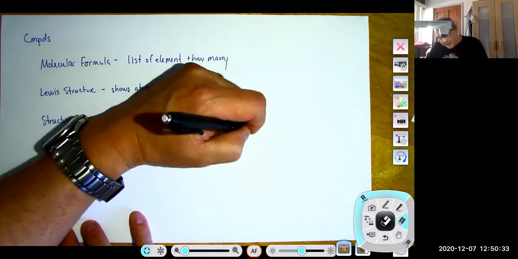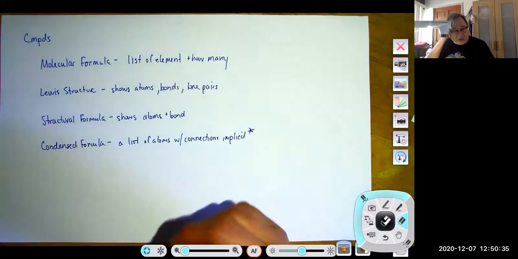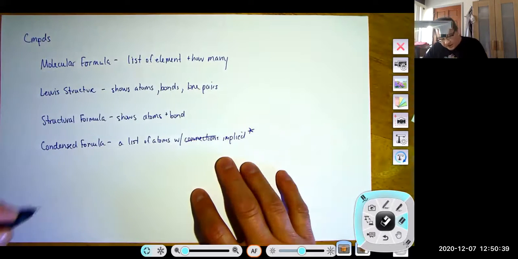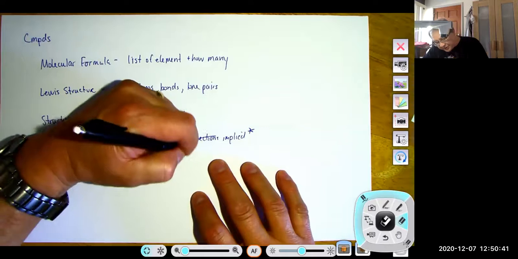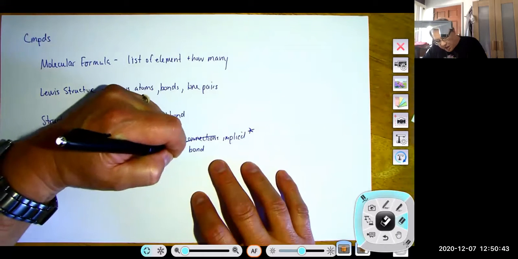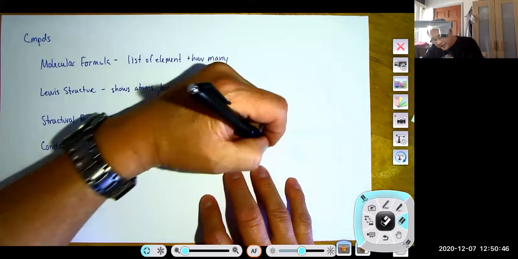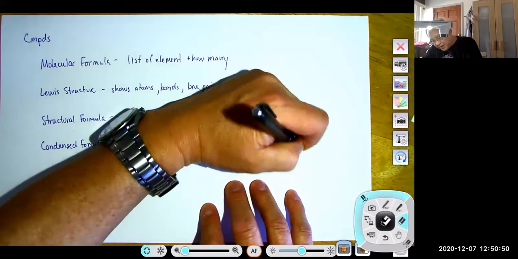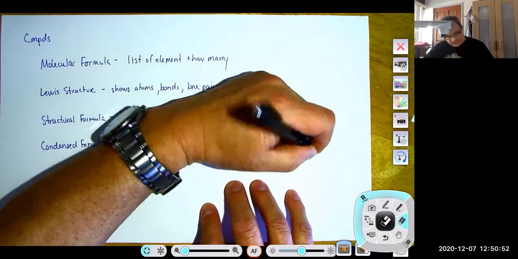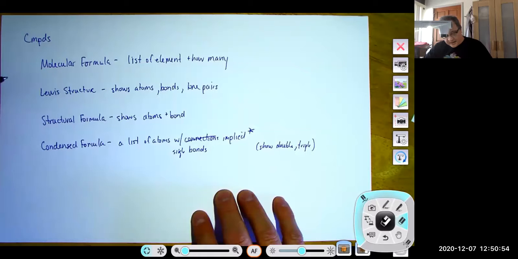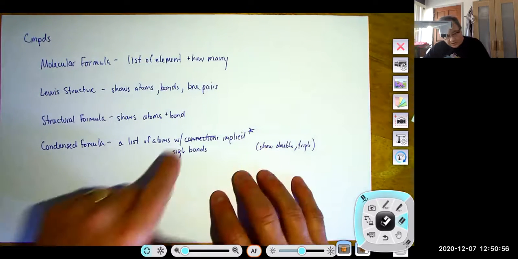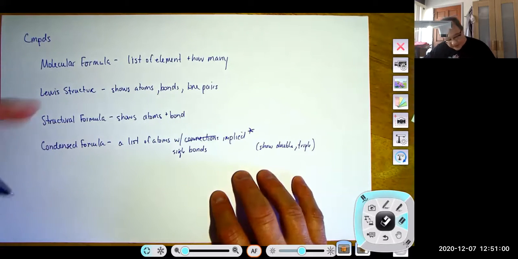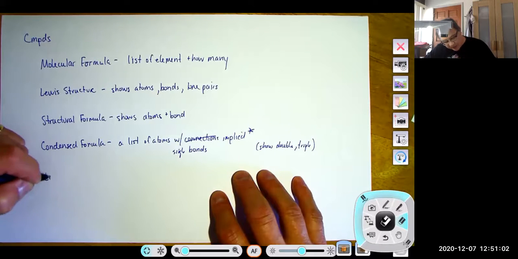And there's a little caveat there. We do show some connections. So here, I'm going to cross out the word connections and put the bonds. The single bonds are implied, and we show double and triple bonds. And here, we don't show the lone pairs. So you kind of do the condensed from the structural formula. And then there's something called the line drawing.